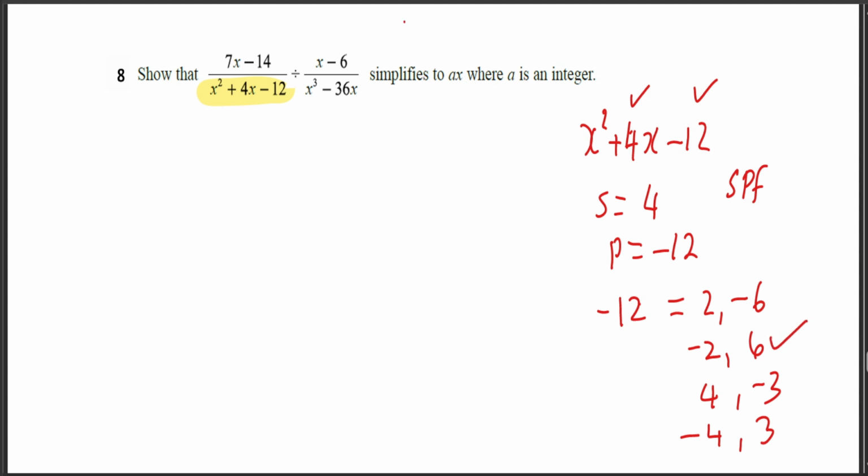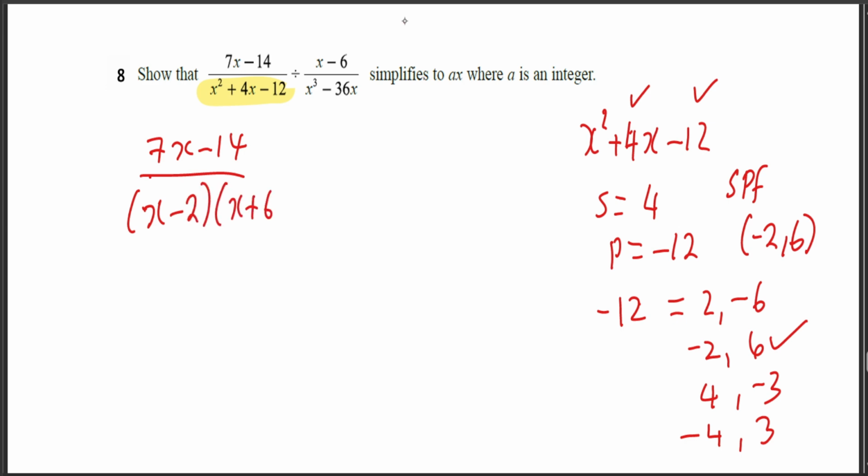So your factors are negative 2, 6, because if you add them it gives you a sum of 4. So let me write this: 7x minus 14 over, and you factorize, it should be something like this: x minus 2, x plus 6. Okay, now that is that.